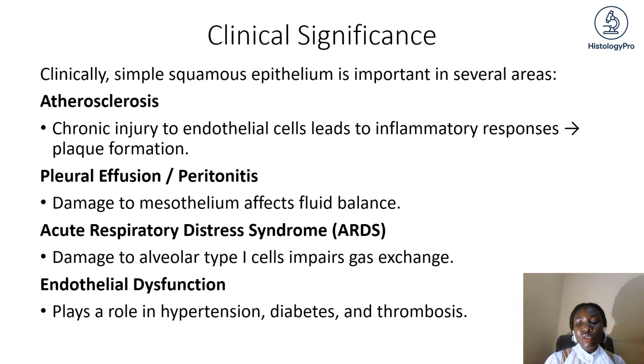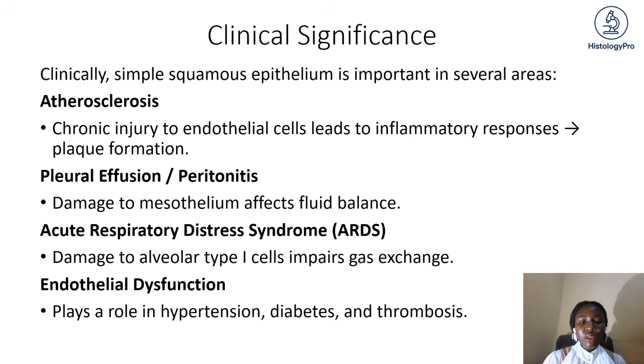Also, damage to the simple squamous epithelium in the alveoli of the lungs leads to acute respiratory distress syndrome, known as ARDS. In ARDS, injury to these epithelial cells, or alveolar type 1 cells, impairs gas exchange.